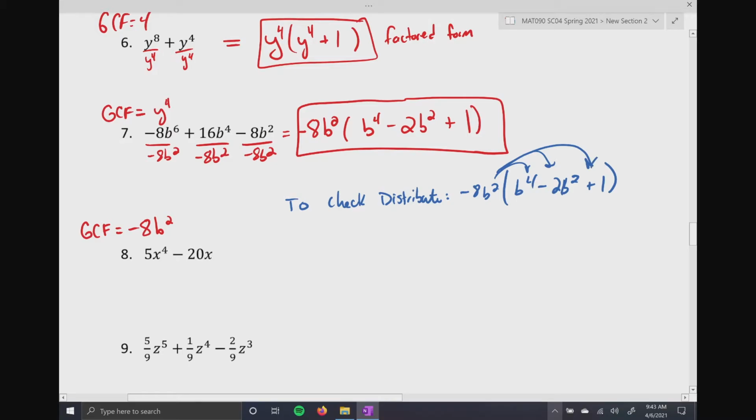Negative 8b squared times b to the fourth is negative 8b to the sixth. Negative 8 times negative 2 is positive 16. b to the second times b to the second is b to the fourth. And then negative 8b to the second times 1 is negative 8b to the second. And that's exactly what that original problem was.